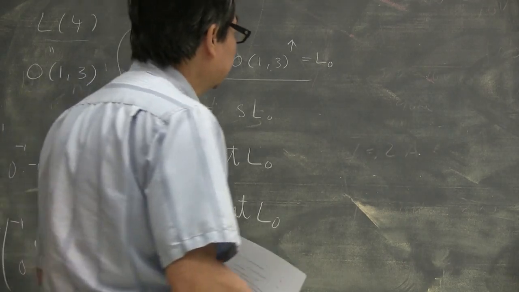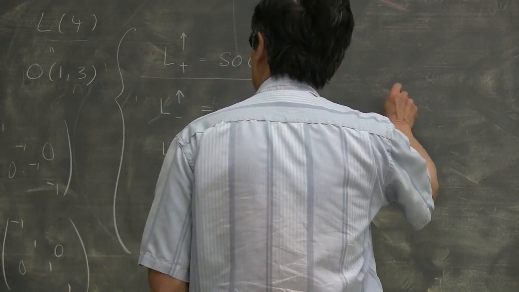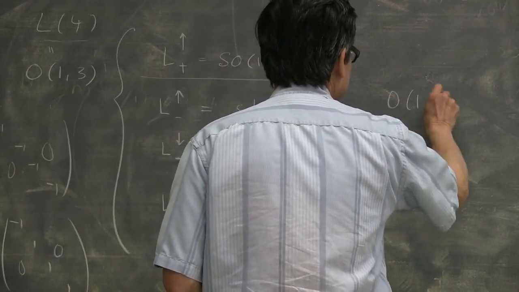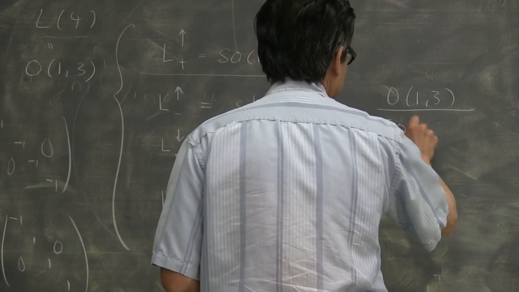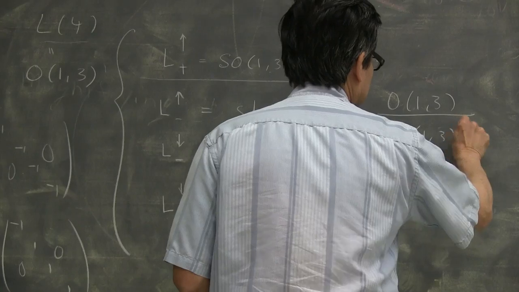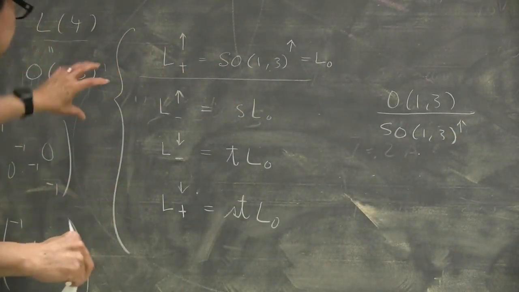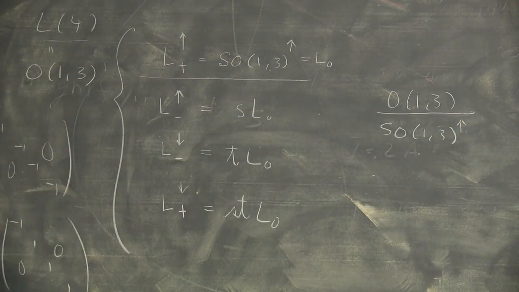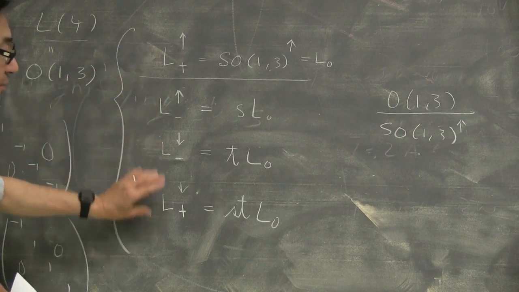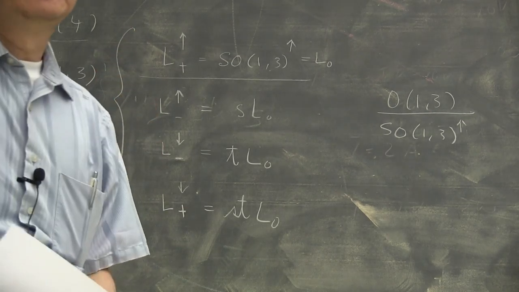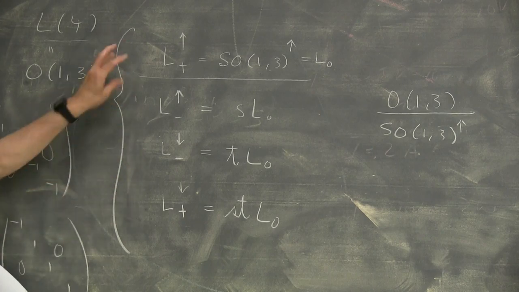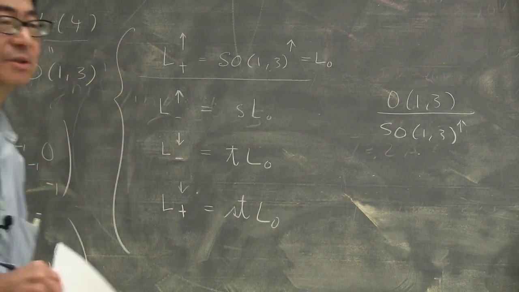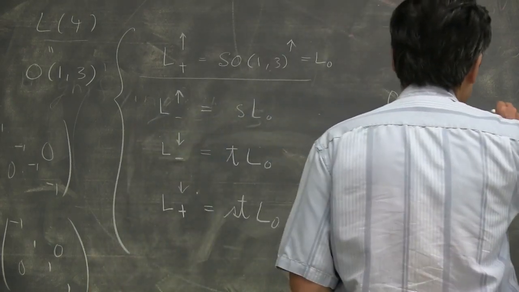And so therefore, we can take the quotient group, O(1,3) divided by SO(1,3). Okay. This splits up the whole thing into cosets. And the cosets are precisely these four things in here. Okay. So that this quotient group has 4 elements in it. Okay, and you can figure out the multiplication rule and so on and so forth. And this is one of the exercises that we have seen.